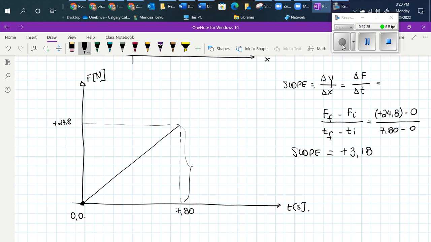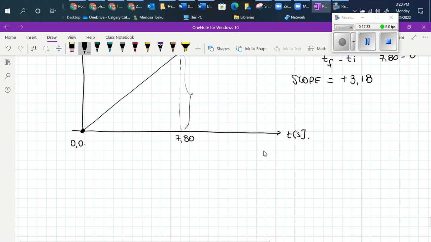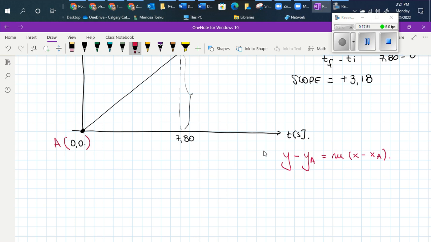Now that we know the slope, we can figure out the equation of this line. Using the slope point form, it will be y minus ya is equal to slope times x minus xa. And our point A has coordinates 0, 0.